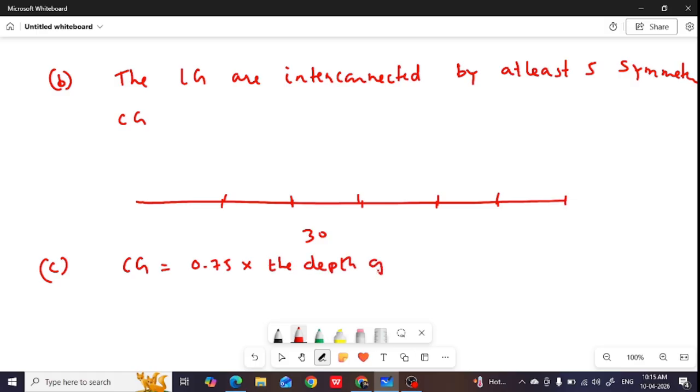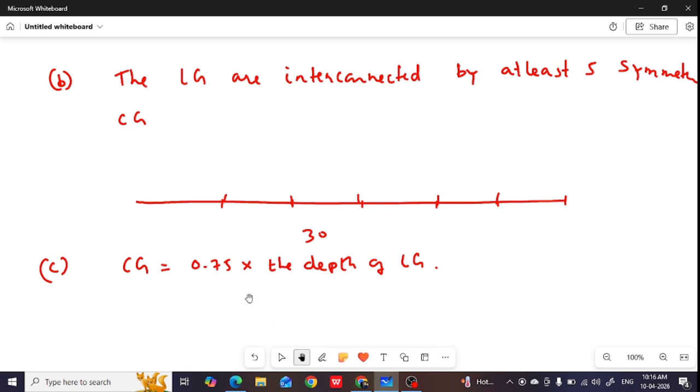We have not yet seen what is the cross section of the longitudinal girders and what is the cross section of the cross girders. What we will do, we will provide the depth of the cross girders equal to 0.75 the depth of the longitudinal girders, so that the condition is satisfied and we can apply the Corbin's method.